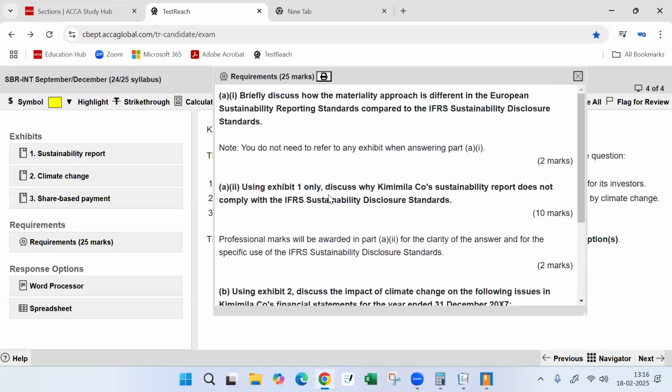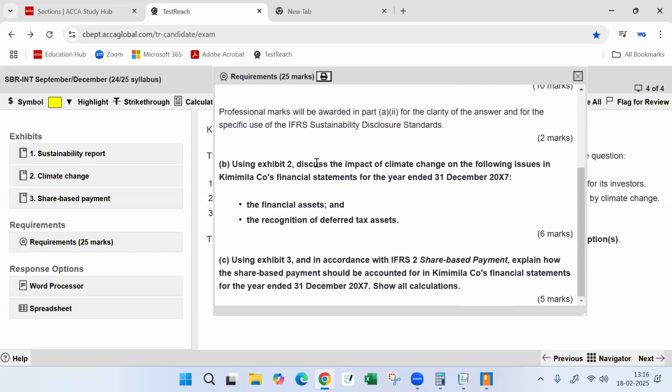Right? Discuss. Discuss means you have to discuss the positives as well as negatives. Isn't it? That's what we did in sustainability reporting, correct? Briefly discuss. So discuss also is with the positives and the negatives of this particular aspect, isn't it? Right. And in explain, you just show the impact. You're not discussing the positives or negatives. What you're doing is just explaining the accounting impact.